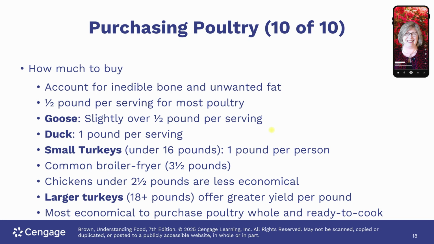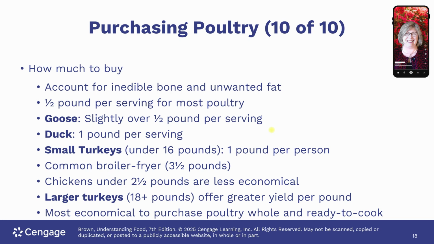And for small turkeys under 16 pounds, a pound per serving, because you do have to account for all of the bone. For common broiler fryers, those are 3½ pounds or under, all of these you would purchase a pound per person.